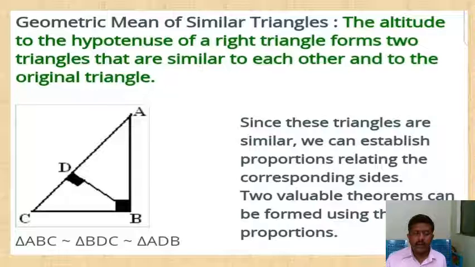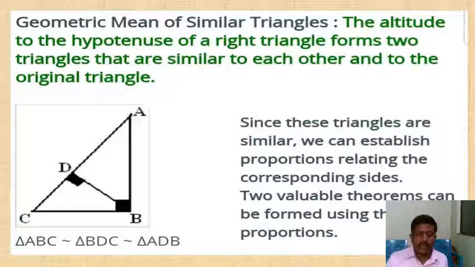So look here, triangle ABC, this big one, is similar to triangle BDC, this one, and also this triangle is similar to ADB. Now look here, here B is 90 degree, in this triangle D is 90 degree, and in ADB this one is also 90 degree. In ABC and BDC, angle C is common.